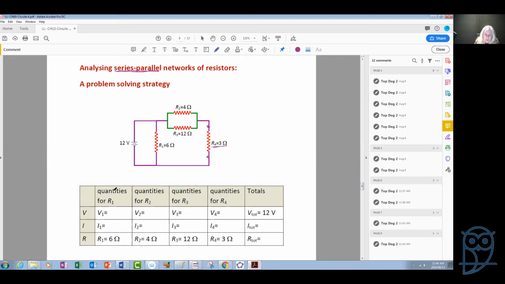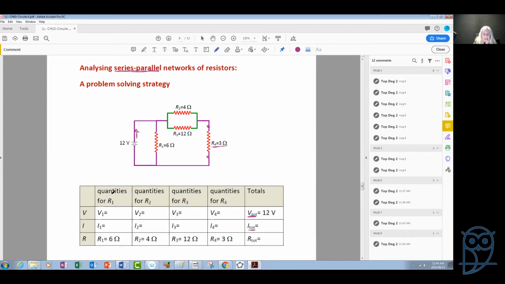So we have one column for each resistor, 1, 2, 3, 4, and an extra column for all the total values that we are going to include: the total potential difference applied to the external circuit, the total current, which means the current in the main branch, which is the current also in the battery that we have, and the total resistance, which means the equivalent resistance of all the circuit.